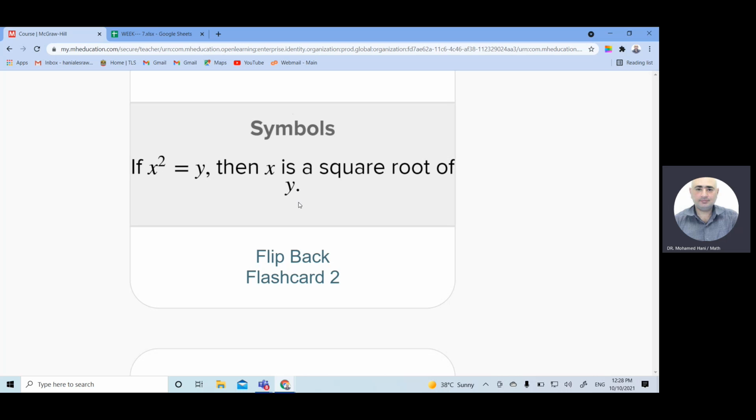This is the meaning of the square root. When we have x squared equals y, that means x will be the square root of y.